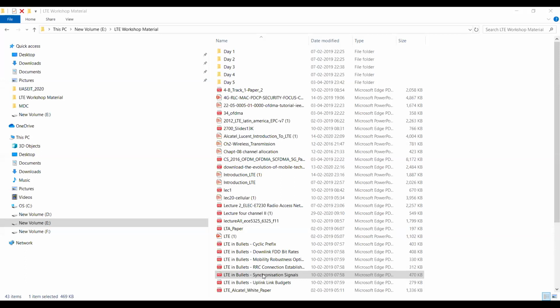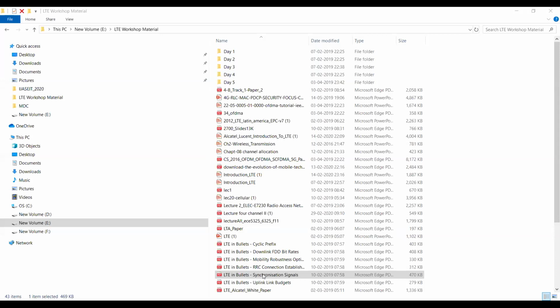What I said, 10 millisecond is one radio frame. In that, there are 10 subframes, 0 to 9. The PSS, the primary synchronization signal, will be sent in time slot 0, in the last symbol, that is symbol 7 (symbols 0 to 6, then 7), as well as in time slot 10, last symbol.